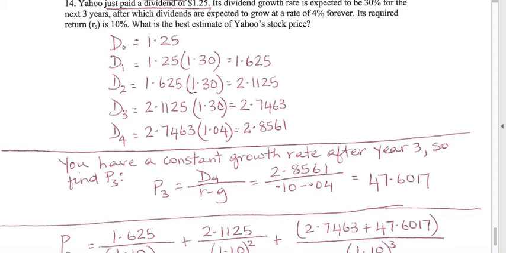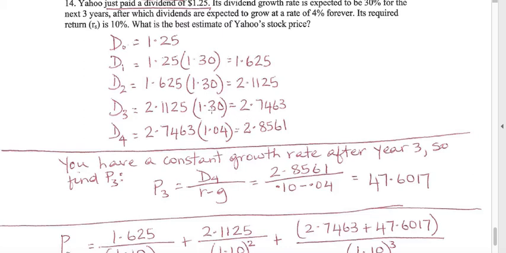That dividend is again growing by 30%. That is equal to 2.1125. And for the third year, it's again growing by 30%. So that's 2.1125 times 1.30, which is equal to 2.7463.